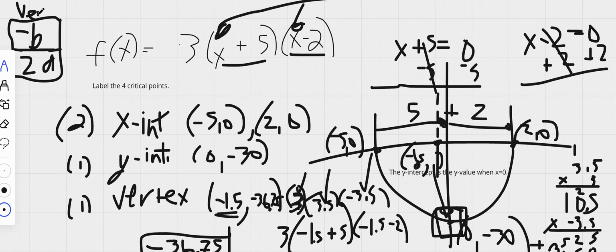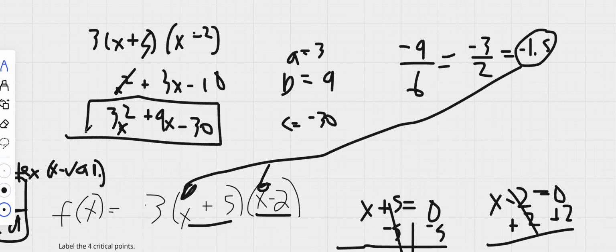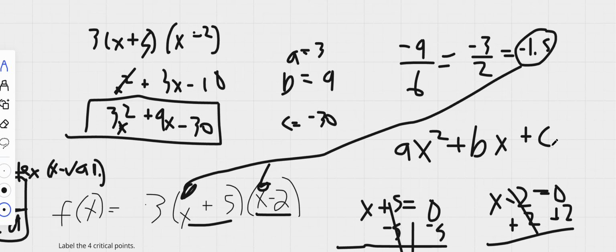So the vertex, the x value is negative b over 2a. And where do you get that negative b over 2a? Well, you get it from what we like to call standard form. Standard form is ax squared plus bx plus c, the standard form of a parabola.